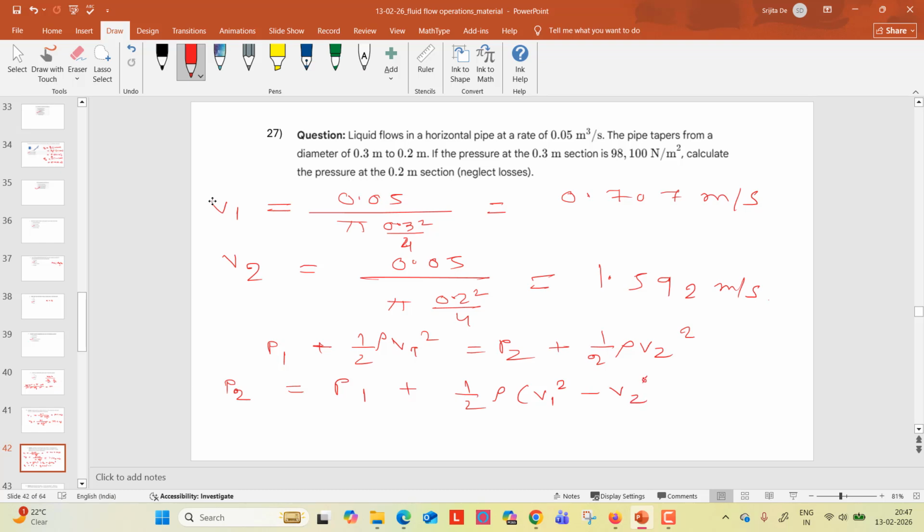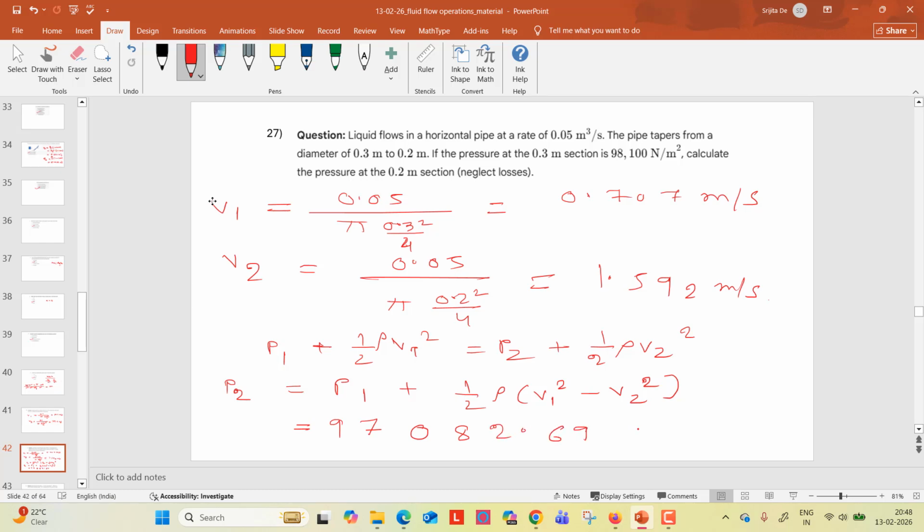If we put all the values, I'm calculating directly, it is coming as 97,082.69 Pascal.